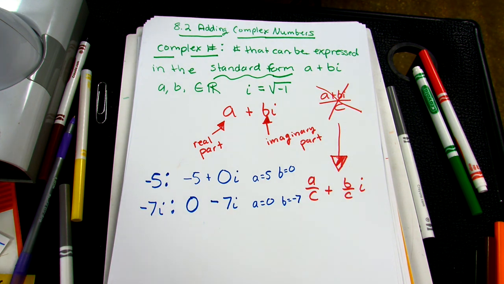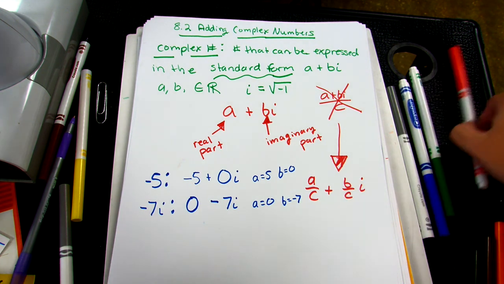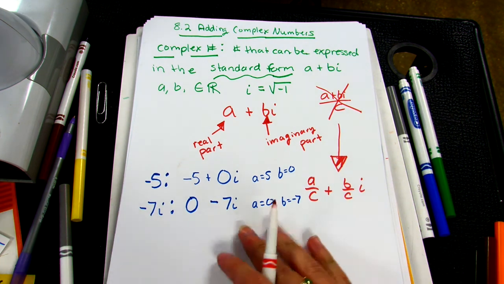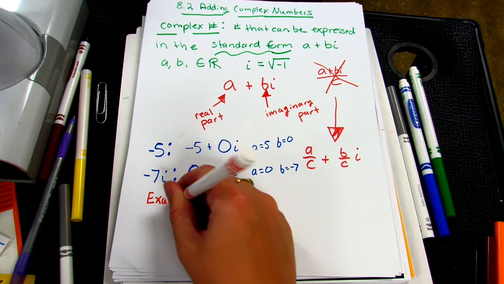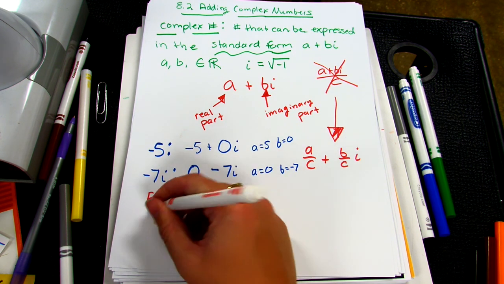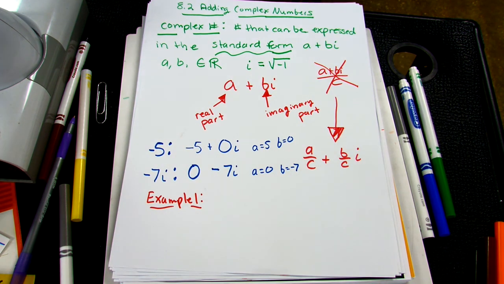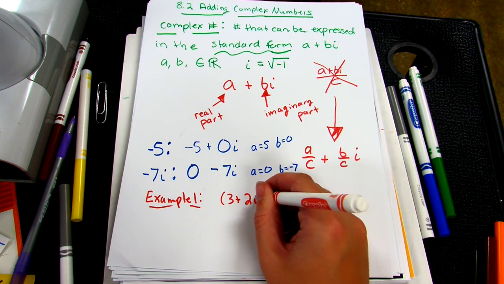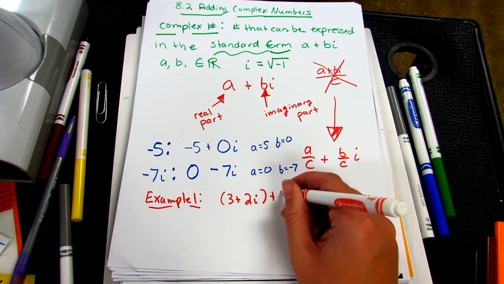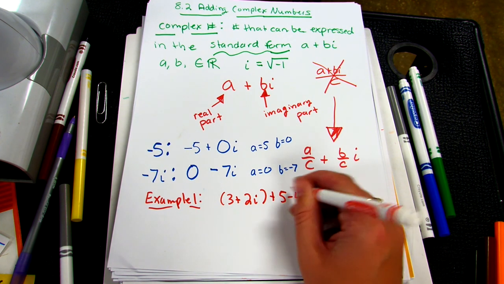Let's talk about adding. So let's do example 1. When you're adding complex numbers, just think of it as combining like terms. So for example, 3 plus 2i plus 5 minus 4i.